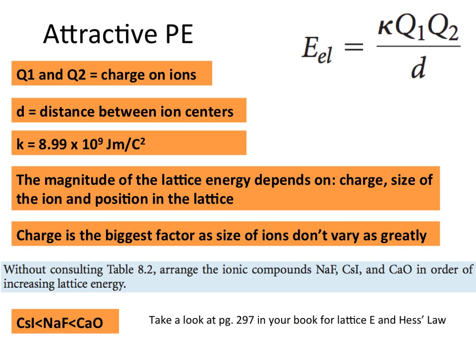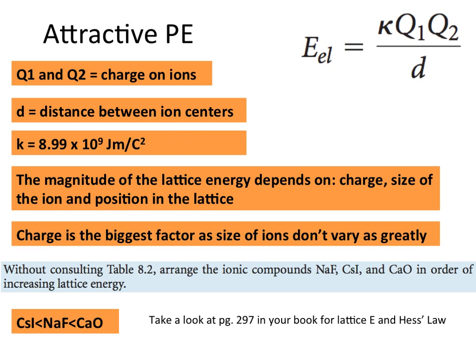If we look at this equation on the right-hand side, it represents the potential energy associated with two interacting ions. Q1 and Q2 represent the charges of the individual ions, D is the distance between the ion centers, and K is a constant.